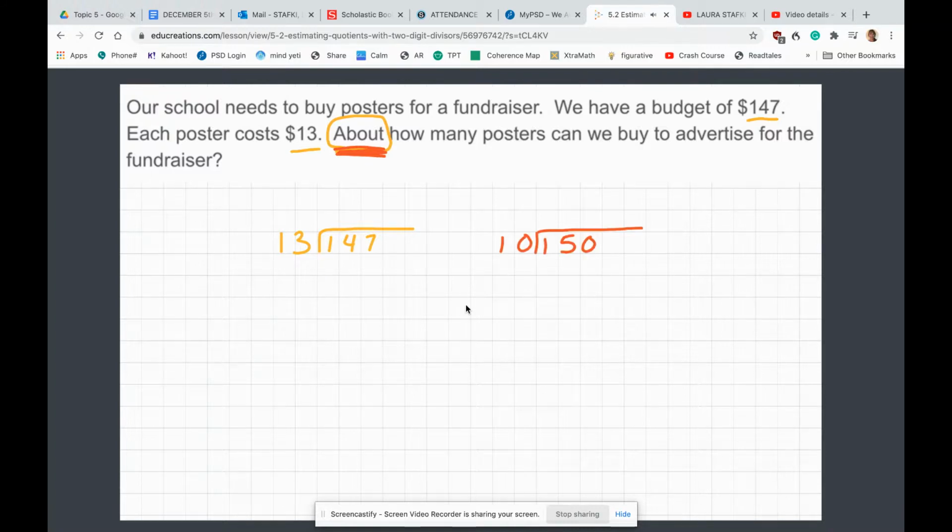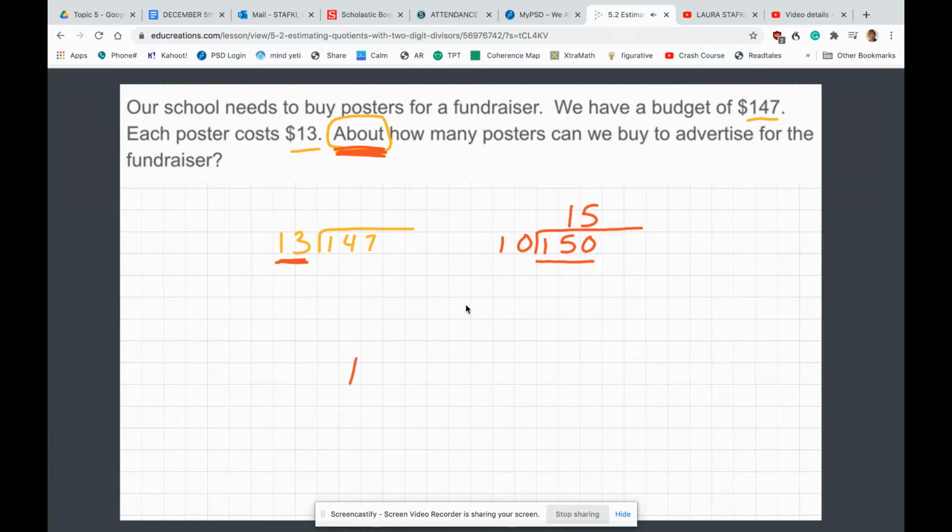Okay, and this is what I came up with. I love tens. Tens are way easier to use in division than 13s. And then any big number that ends in 0 is easy to divide with a 10. So we know that 10 goes into 150 15 times.